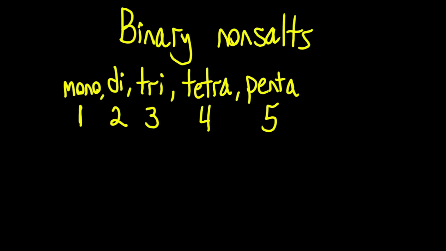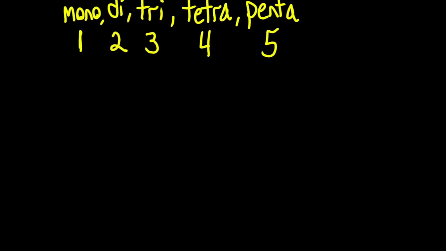Okay, so let me show you guys an example of this. So if I have NH3, okay, I'm going to identify the element with the fewest atoms in the compound, which is going to be my nitrogen. So I'm going to list that.